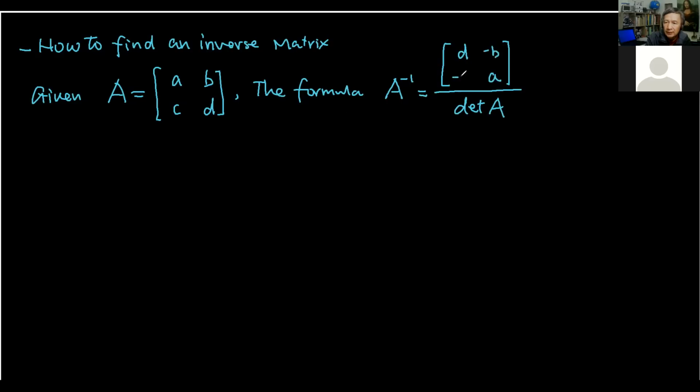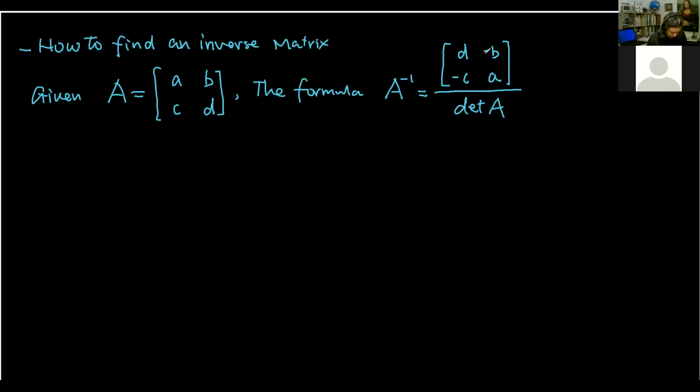Is that correct? Yeah, that's correct. I will double check that for you. Make sure it's correct. If you go back to a textbook, you should be able to find that formula as well, if you go to matrices.